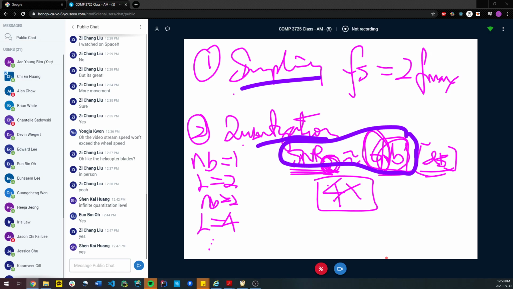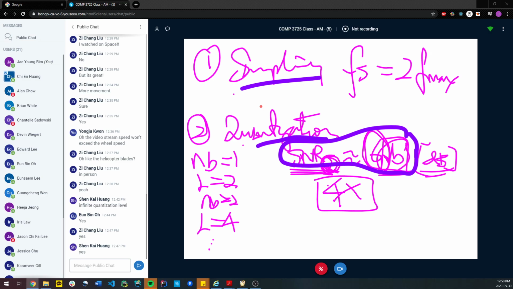So let's take a look at how we actually use this. Say there's a telephone line, and it must have a quantizing signal-to-noise ratio of no less than 40 dB. No less than 40 dB. Then the question is, what is the minimum number of bits per sample? On your own, I want you to take a minute to do this. It's really just applying SNRQ equals 6 NB minus 1.25.